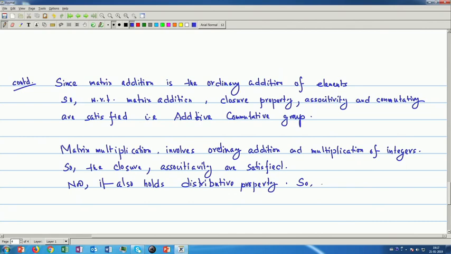So, it forms a ring, but one thing we notice is that if we take, say, one example, a 2 by 2 matrix like 1 2 1 1 and 5 6 4 0.